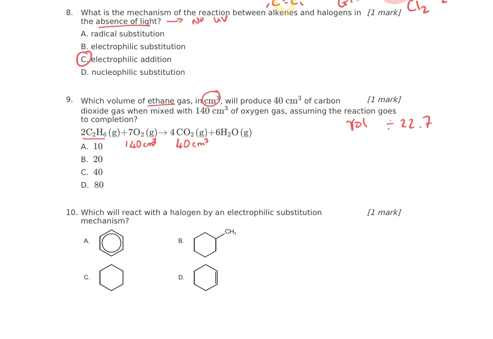So if we're sticking in centimetres cubed, so what volume do we need? So it's a 2 to 7 ratio. So if we've got 140 there, so that's like 14. So that's going to be 4. Okay, so it's going to be 40 centimetres cubed. So 2 to 4 ratio though.